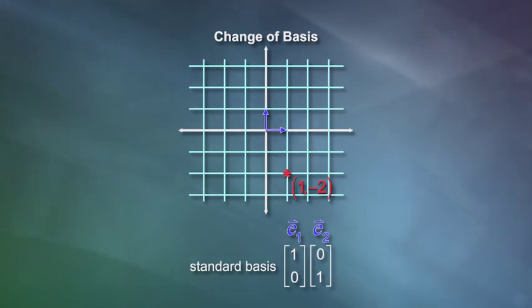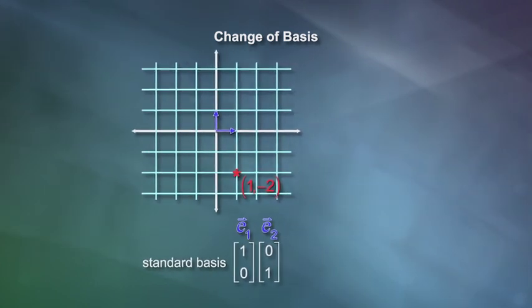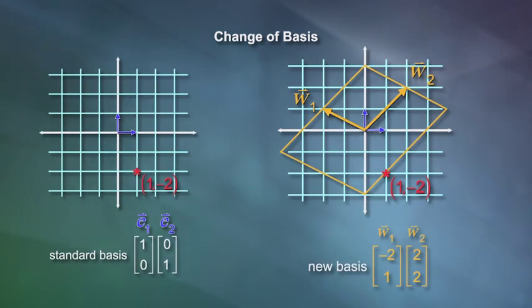Now, the standard basis is not always the best basis to use. For instance, if I have a rocket ship with 2 thrusters that move in particular directions, W1 and W2, then it may be easier to express a vector in terms of W1 and W2. How can I find the linear combination of W1 and W2 that would produce a given point like (1, -2)?